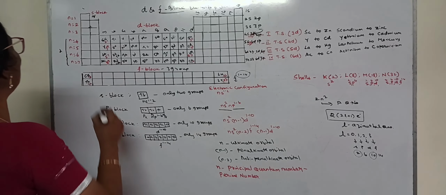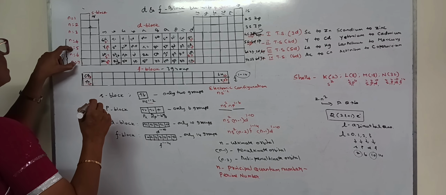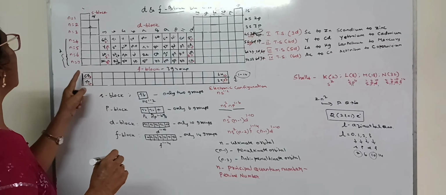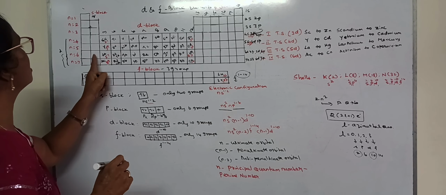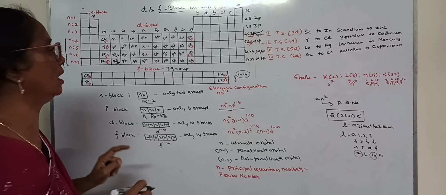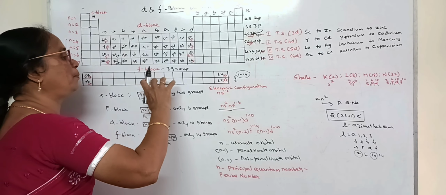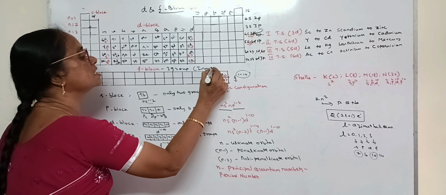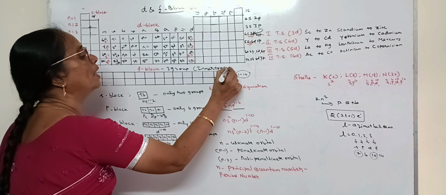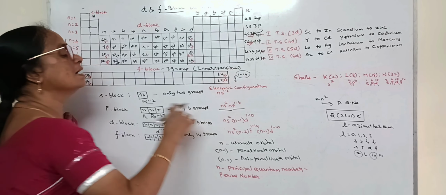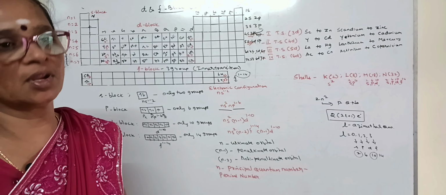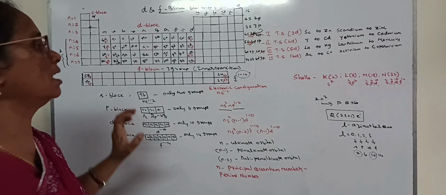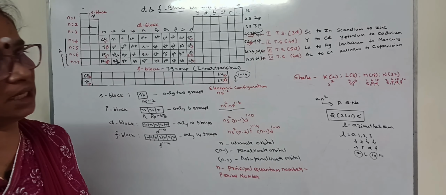And the f orbital starts from the 6th and 7th periods. Though d orbitals are there, we have the f block elements also along with the d block. Those f block elements are kept away from the d block, so they are called inner transition elements. But the d block is said to be transition elements. Okay, let us start. How many D series are there and how many F series are there?